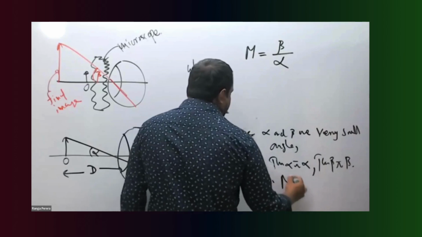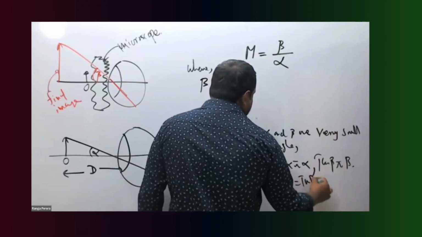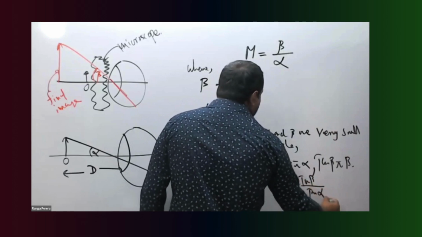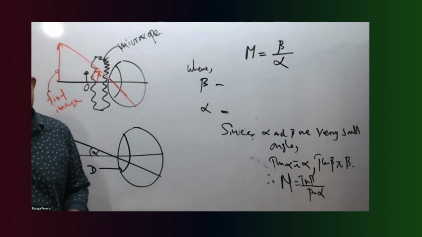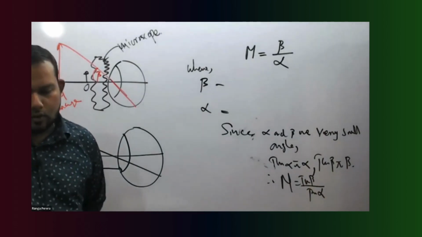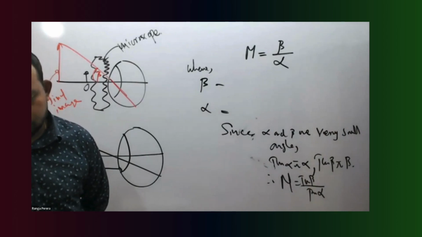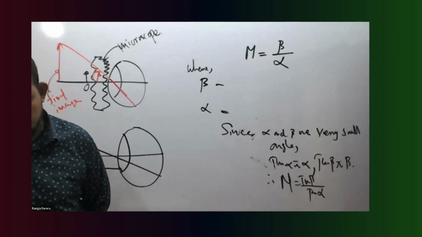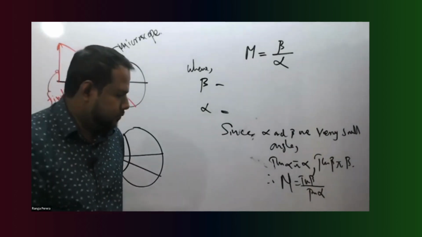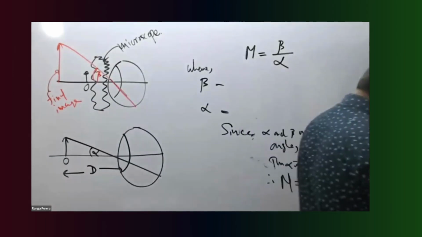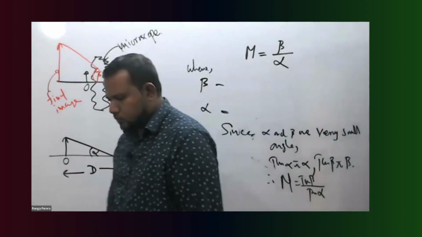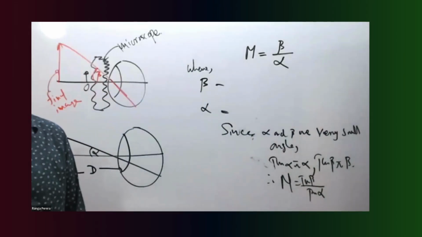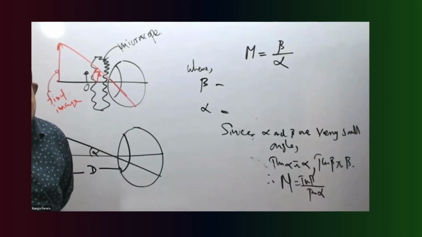So the equation is now modified as tan beta over tan alpha. You can take that value also when it comes to questions. Okay, right?